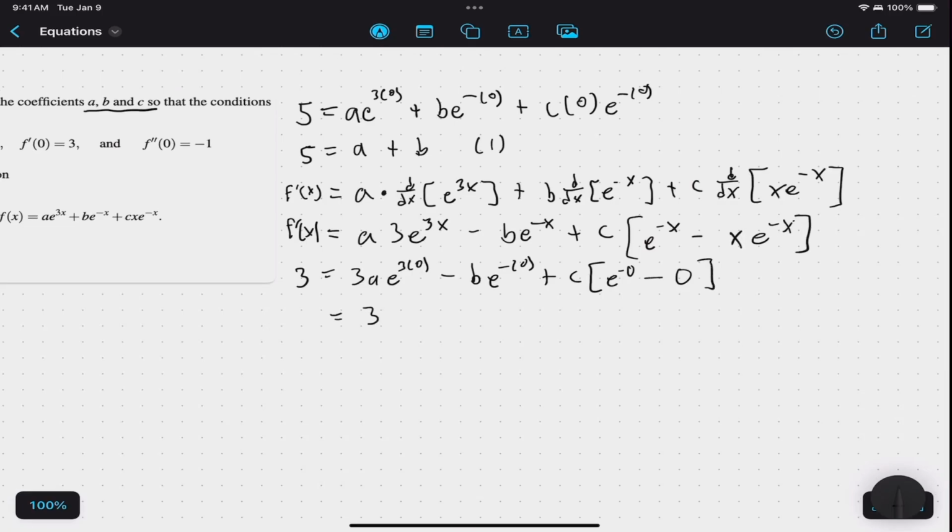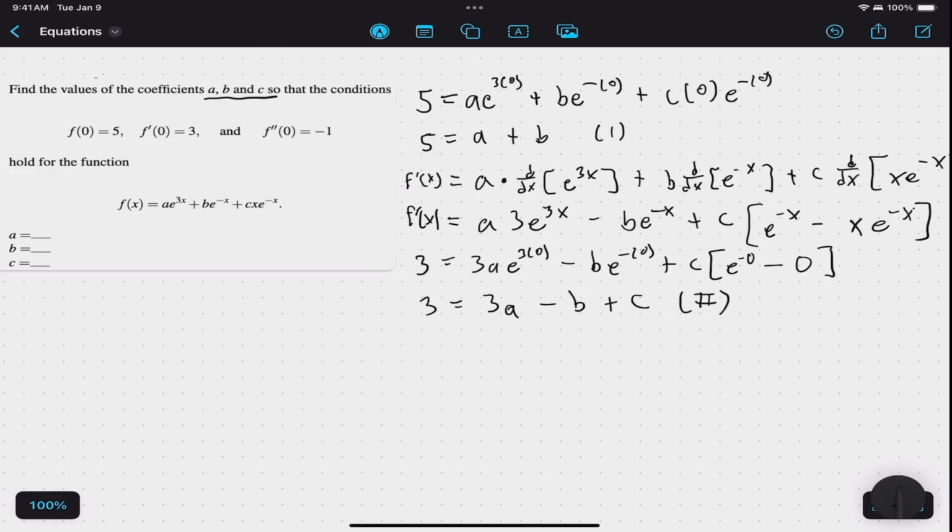And we can simplify this to be 3a minus b plus c, right? Because e to the negative 0 is 1, and 1 minus 0 is 1, and then c just becomes c times 1, which is c. So 3 is equal to 3a minus b plus c. This is going to be our second equation. Okay, so that was for the first derivative.